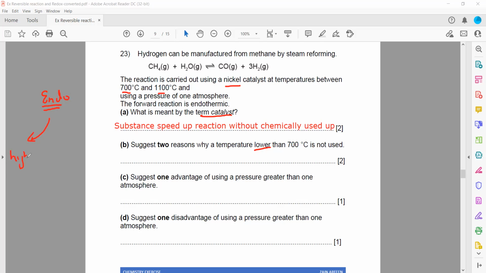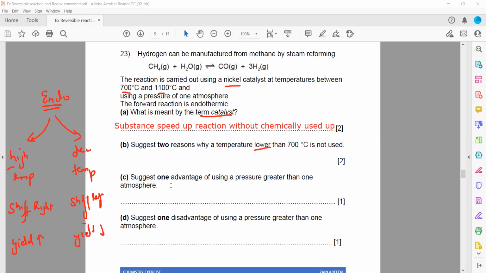If we use a high temperature, the equilibrium will shift towards the right hand side, and as the equilibrium shifts towards the right hand side, the yield or the amount of the product will increase. And if the reaction is endothermic, reversible, and we lower the temperature, the equilibrium will shift towards the left hand side, and the yield or the amount of the product will decrease.